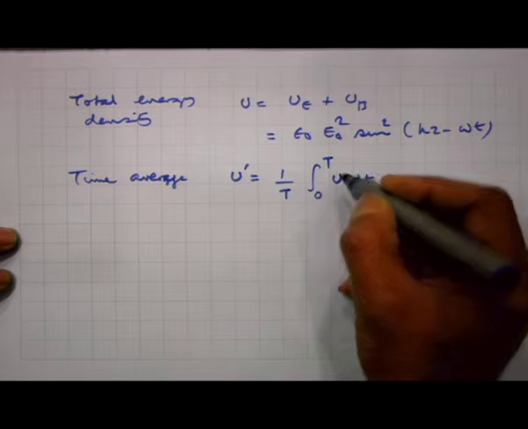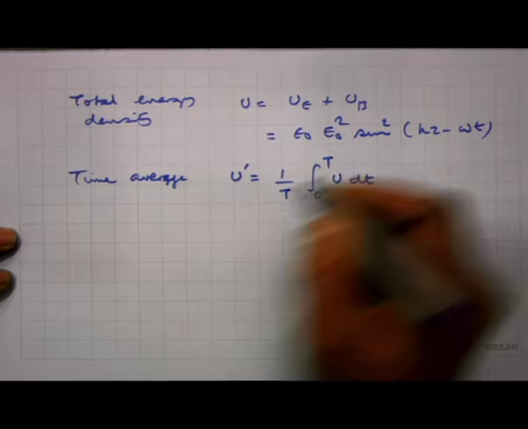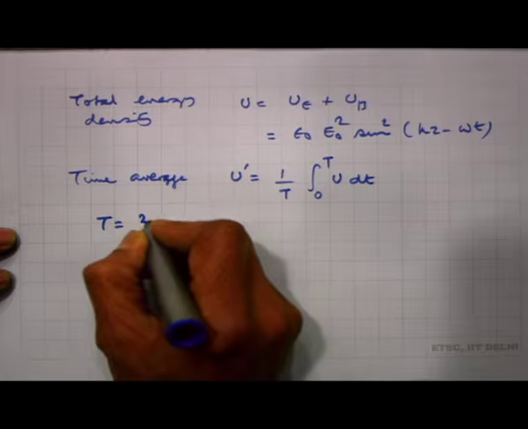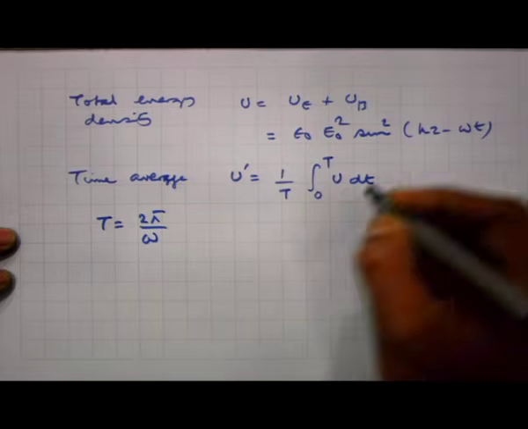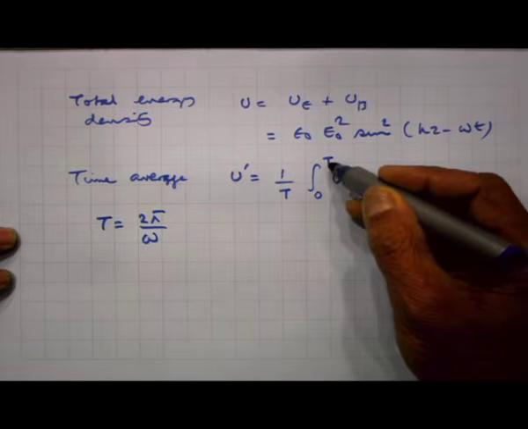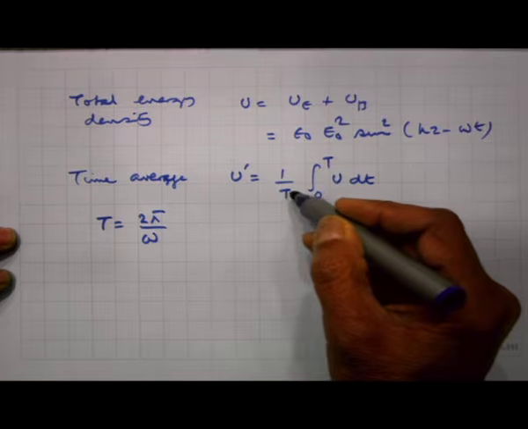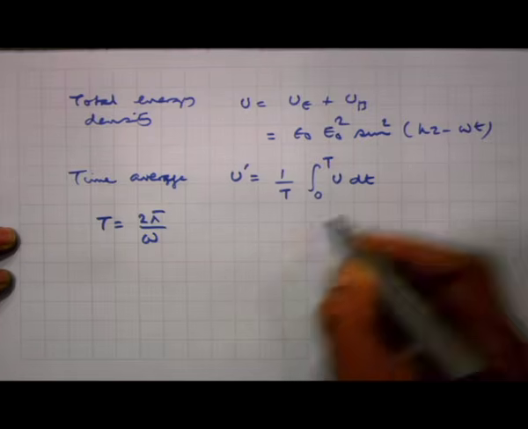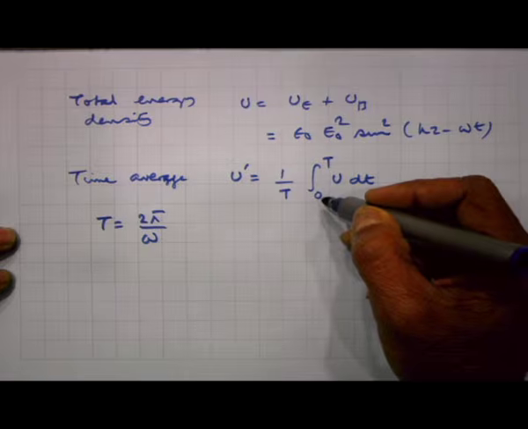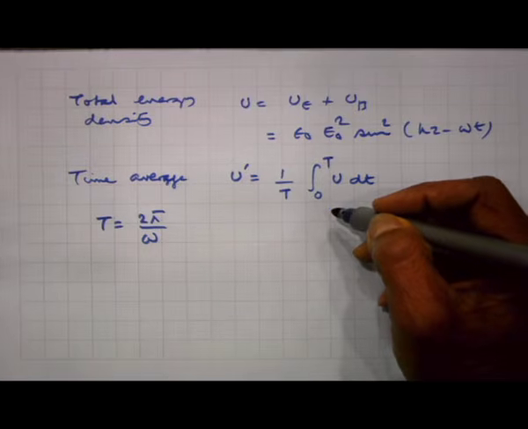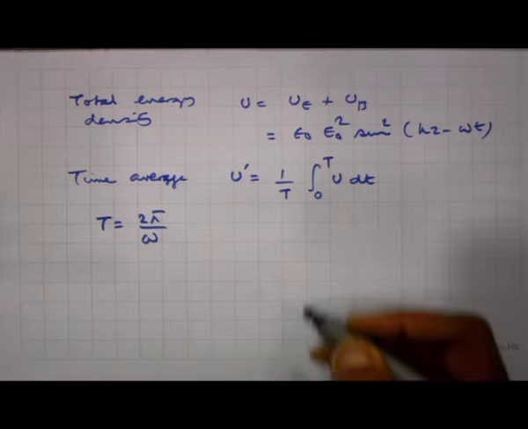I integrate over one period of the wave, where T is equal to 2 pi by omega. I integrate over one period of the wave, divide by the time of integration, and I get an average value. So, to calculate an average, I integrate over a certain region and divide by the width of that region, and I get an average.